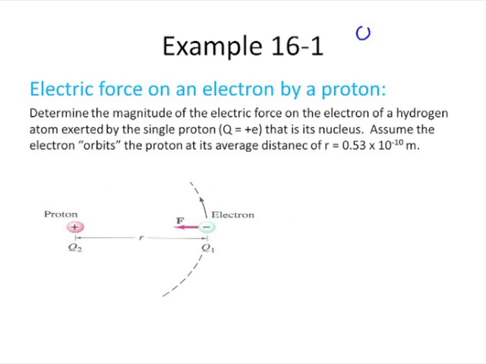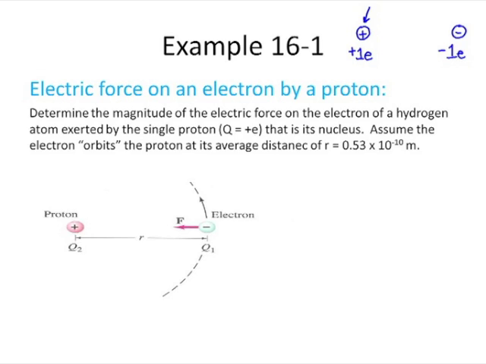So if this is the proton, this is the electron. Remember that the proton has a charge of +1 e, and the electron has a charge of -1 e, where e is an actual number, and it's the amount of charge that the electron has.